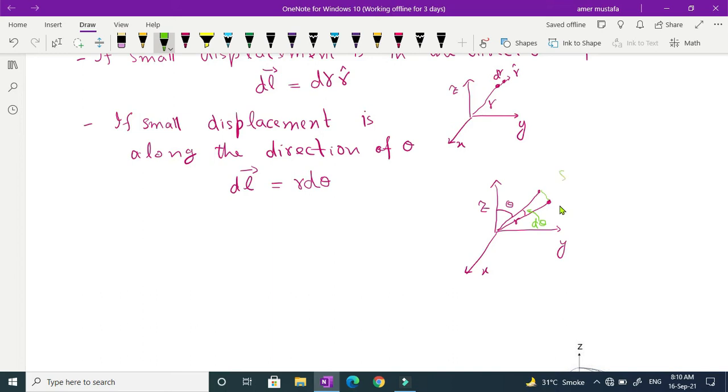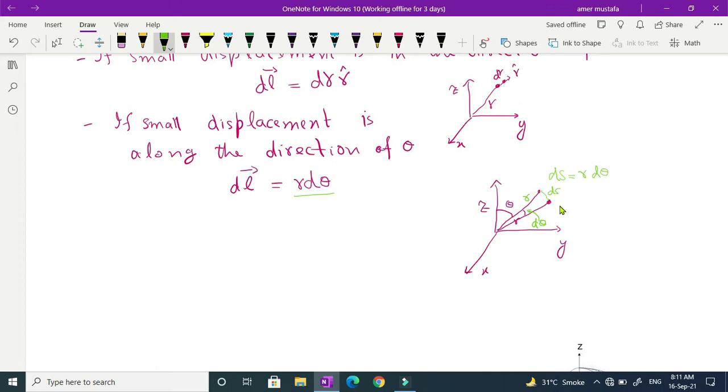Using the formula s is equal to r theta, we can find r d theta. If this is ds, this is equal to r, which is the radius, times d theta, so the infinitesimal displacement would be equal to r d theta.